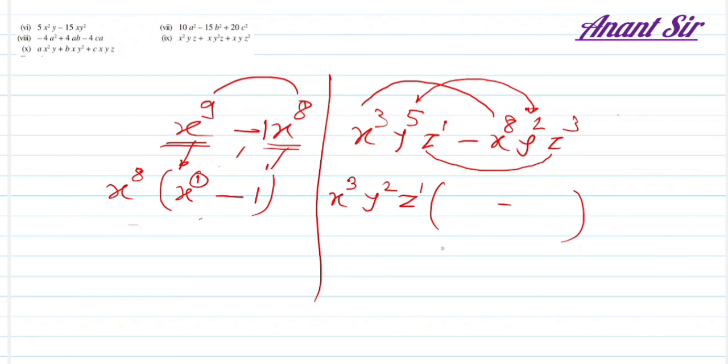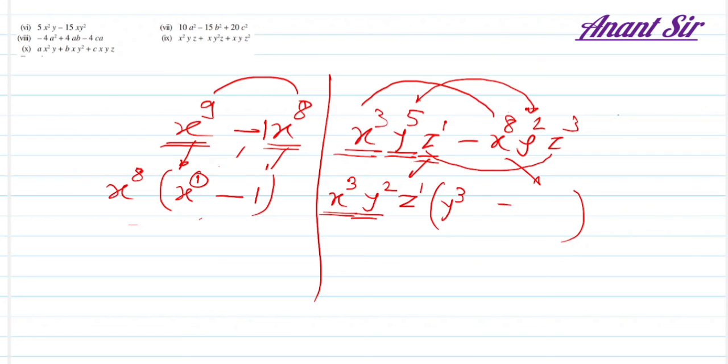Now, what remains in the bracket? Think about x first. It was x cube. We have already taken all the 3 x common. So x does not remain. There were 5 y's. We have taken 2 y's common. So y raised to 3 will remain here. There was only 1 z. We have taken it common. So z also does not remain. What will happen to the second term?